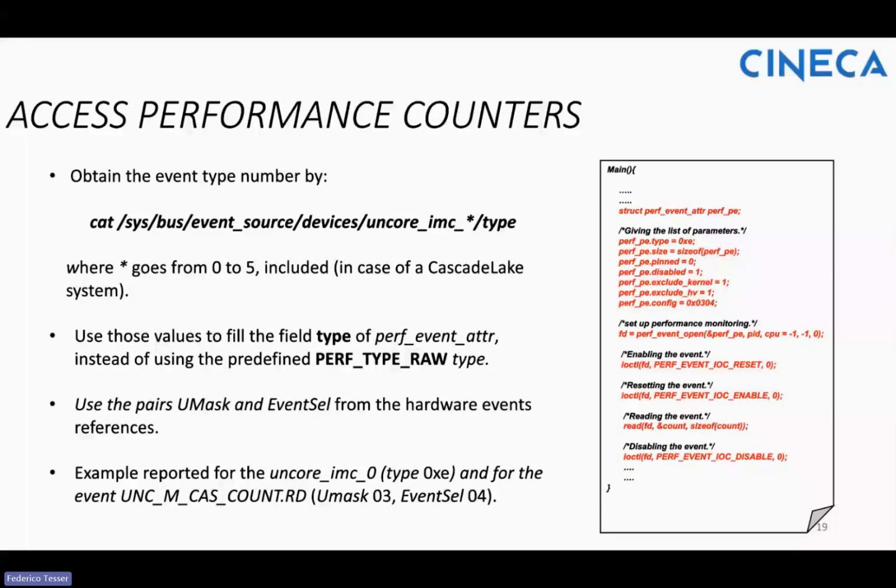You can see on the right an example of C code that you can substitute in the perf_event_attr structure to be passed to the perf_event_open function to actually read the event for which you want to know the amount. In this case we were dealing with cast count, so the memory read and write.